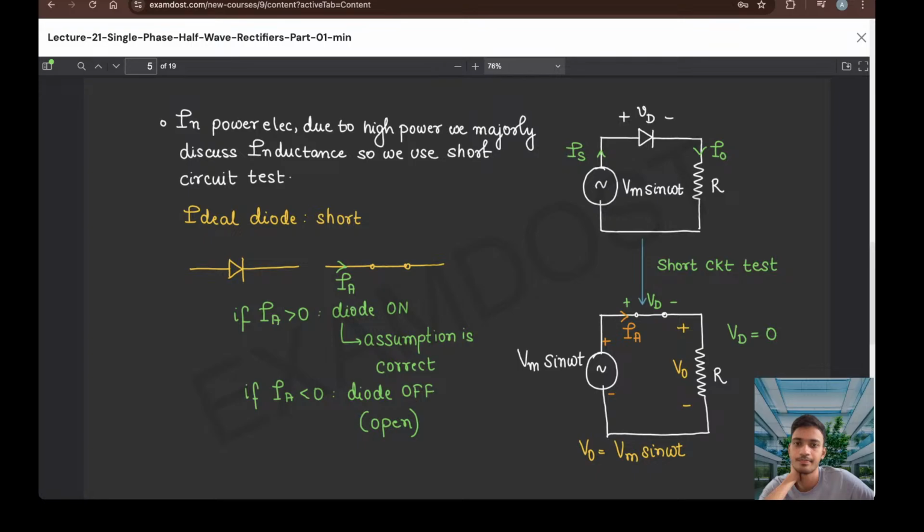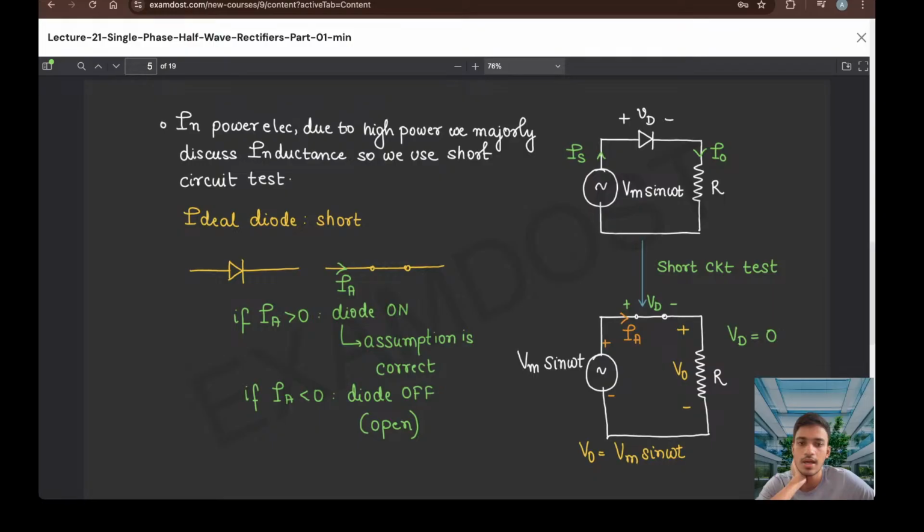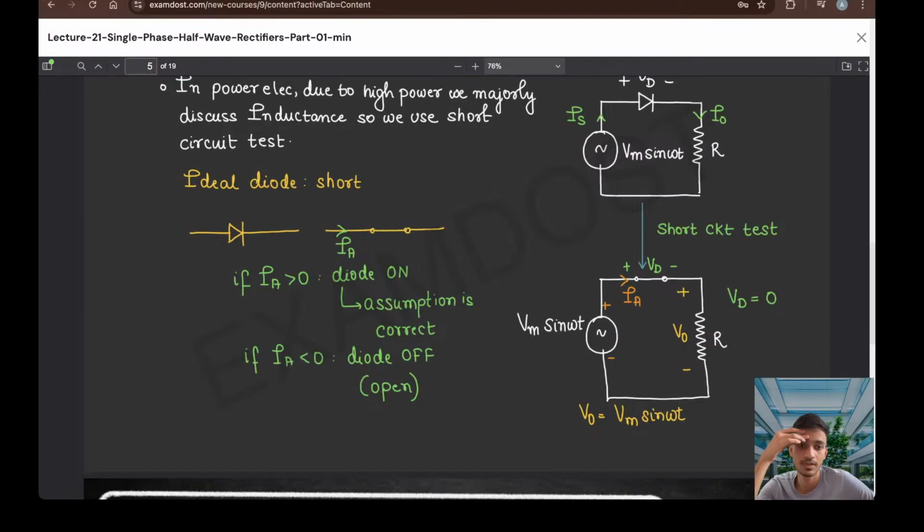Okay, if I is greater than 0, diode is on, assumption is correct. If I is less than 0, diode is off, like open. Short circuit test. Okay, we just IA greater than 0.